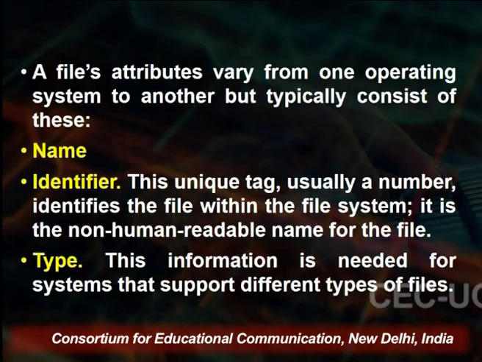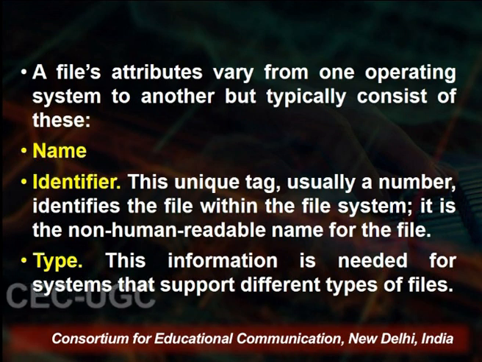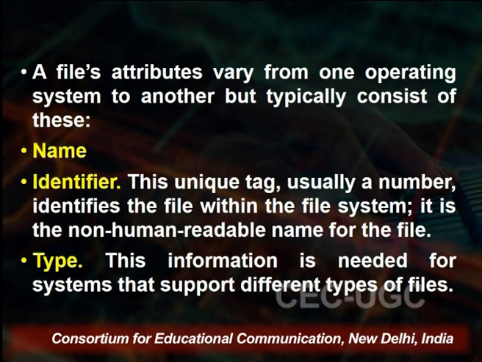Now the user has nothing to do with this identifier; it is a non-human readable name for the file, the name used by the file system, not by the user. So one is the name, which is used by the user of the system. Another one is the identifier, which is usually a number which identifies the file within the file system.